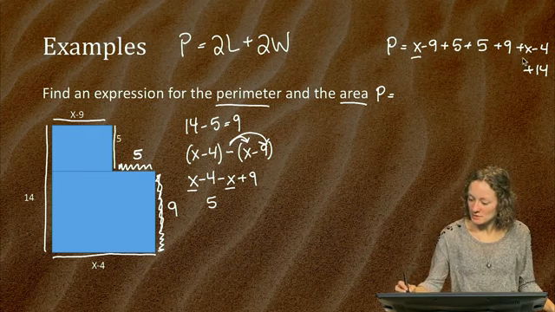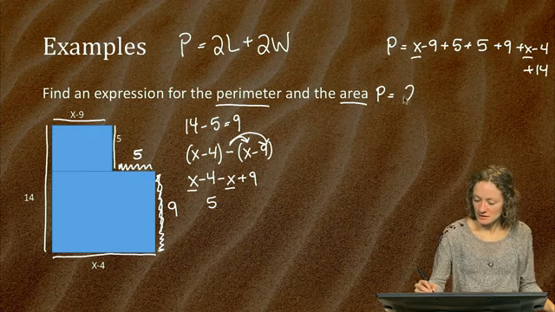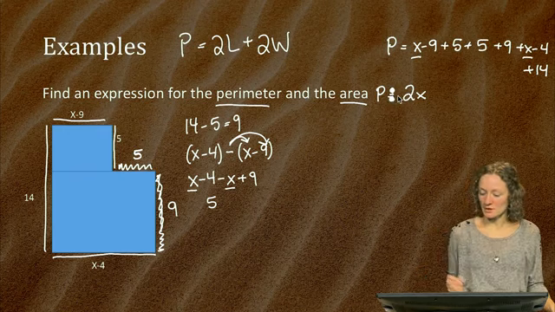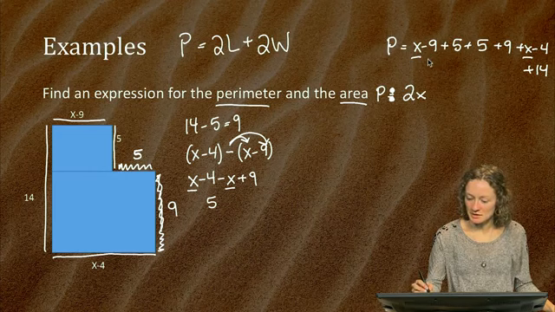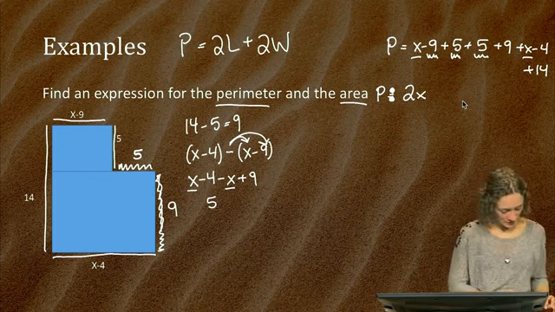We have like terms. Perimeter, not equals, we just want an expression. X plus x is 2x, and then all of these numbers: negative 9 plus 5 plus 5. Let's just add them on the calculator.